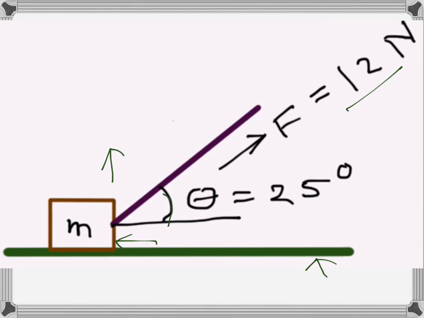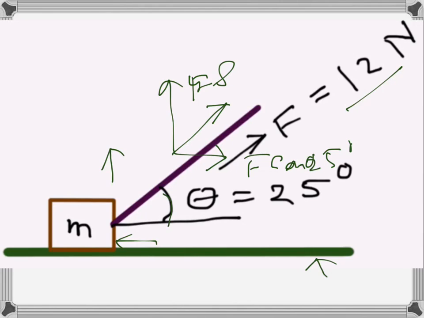The horizontal component is F cos 25 degrees, as we saw before, and the vertical component will be F sin 25 degrees, and that vertical component will be equal to the weight of the object.